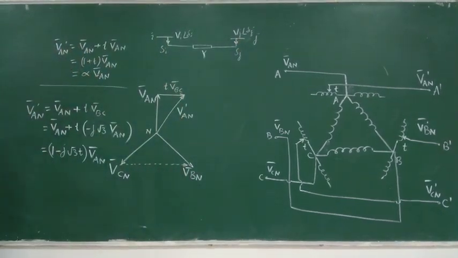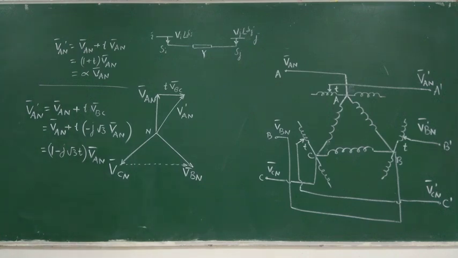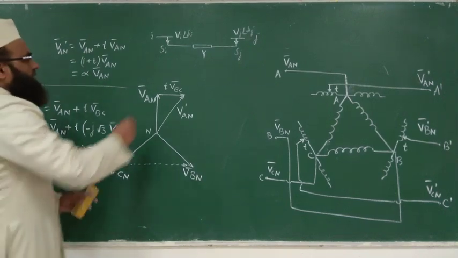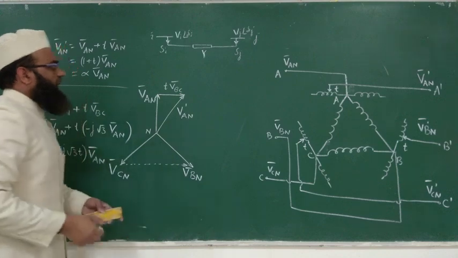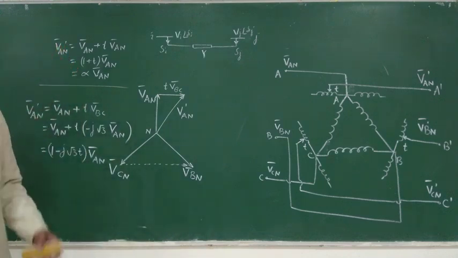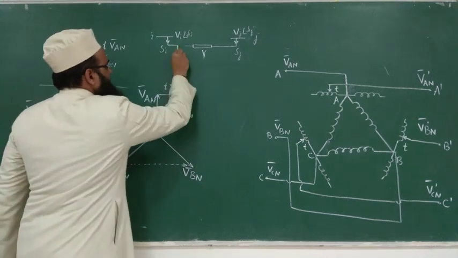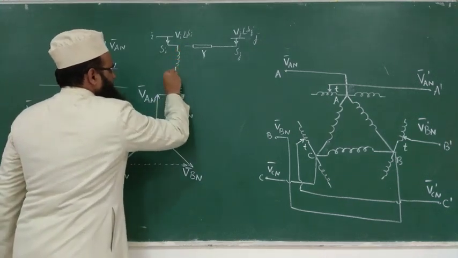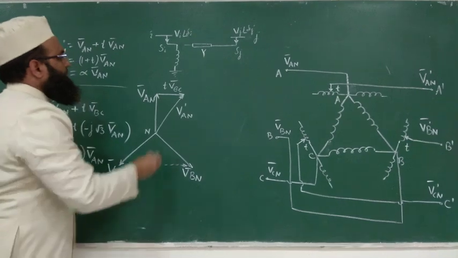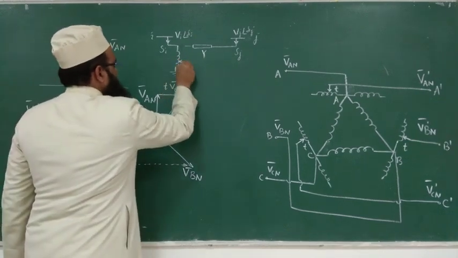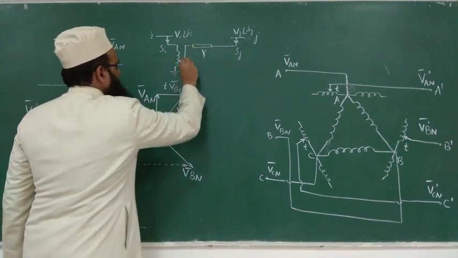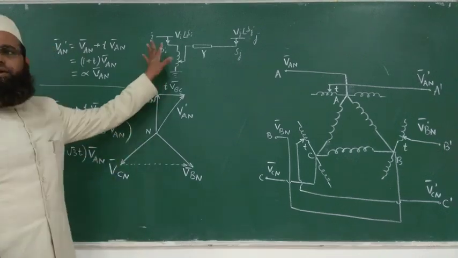If we are going to use a regulating transformer here, suppose here you are going to add a regulating transformer. This time represent this transformer by this and show the tappings here, whatever T or whatever it is.